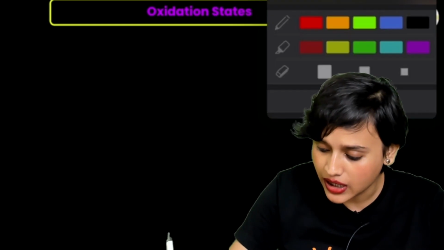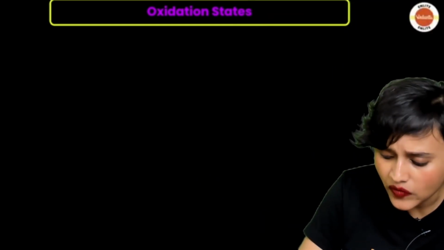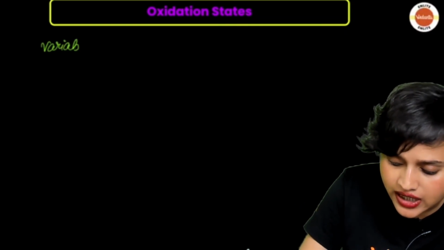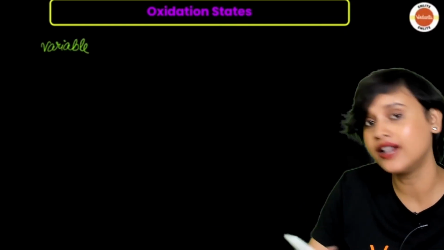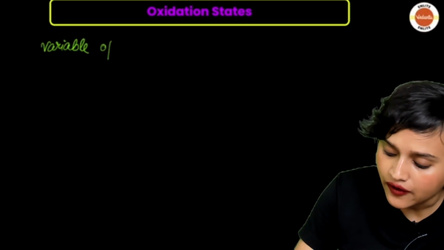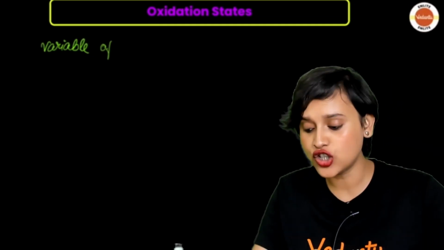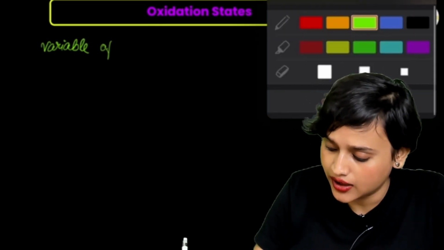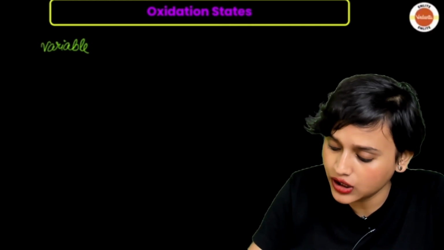And that is why we get to see variable oxidation states, my dear students. So let's write that down. In case of the oxidation state of d elements, you will see variable oxidation state. Let me write down here, variable oxidation state.